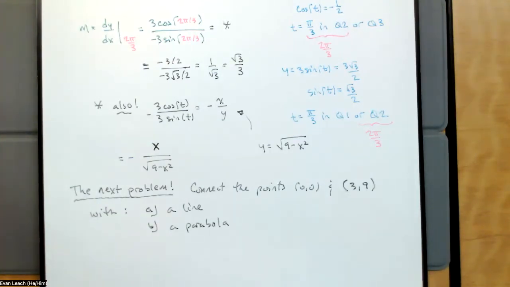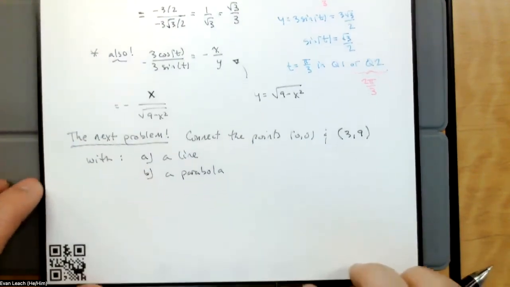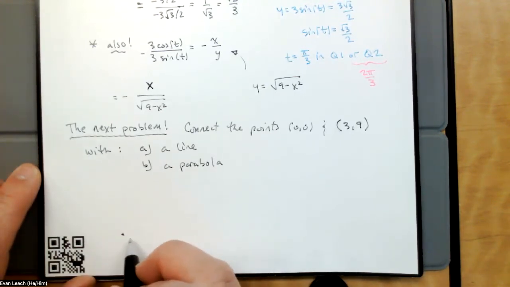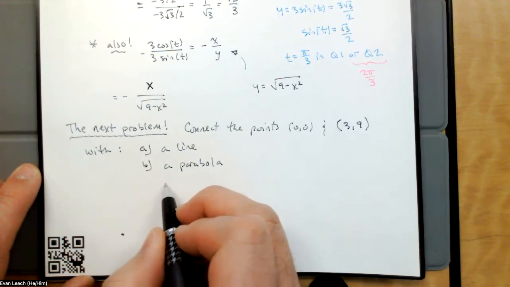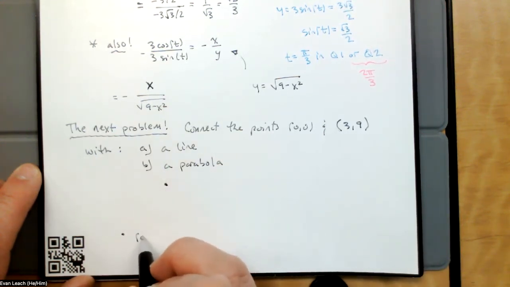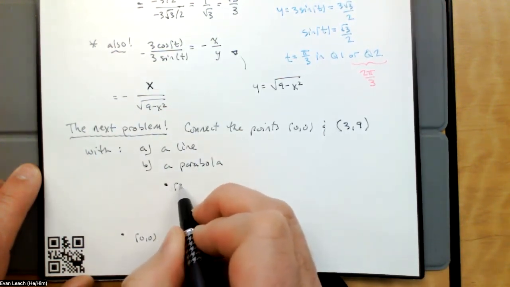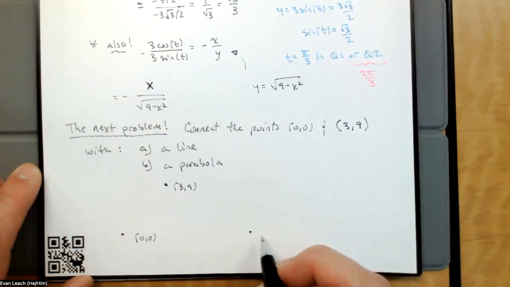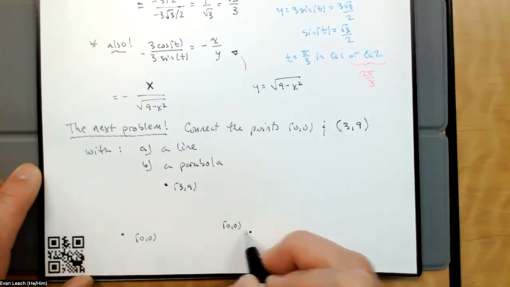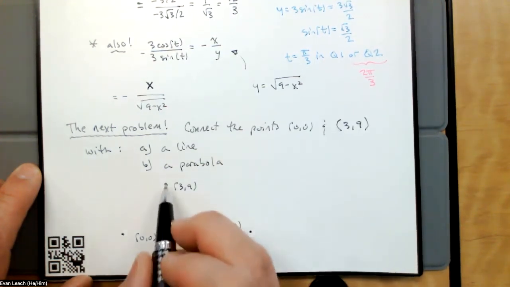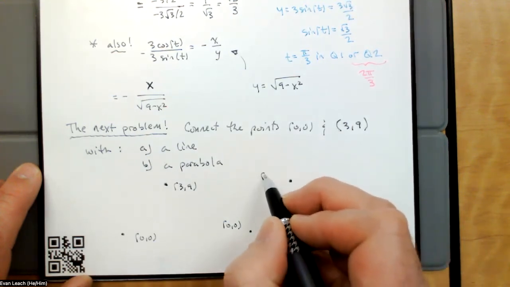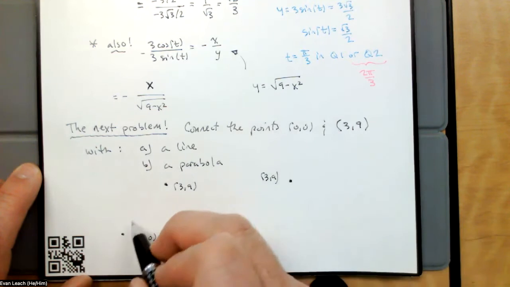So here's our next problem. I want to connect the points 0, 0 and 3, 9 in 2 different ways with 2 different paths. One, just a line.